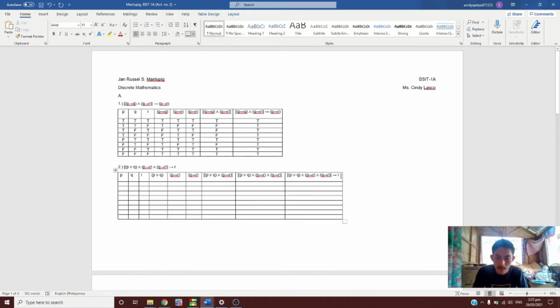So there are a total of nine constant values here. I'm extracting this statement into this, and first I'm gonna center this.